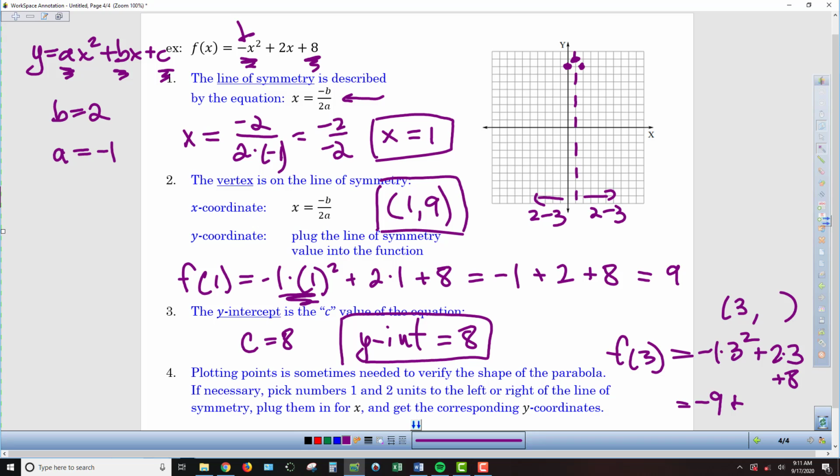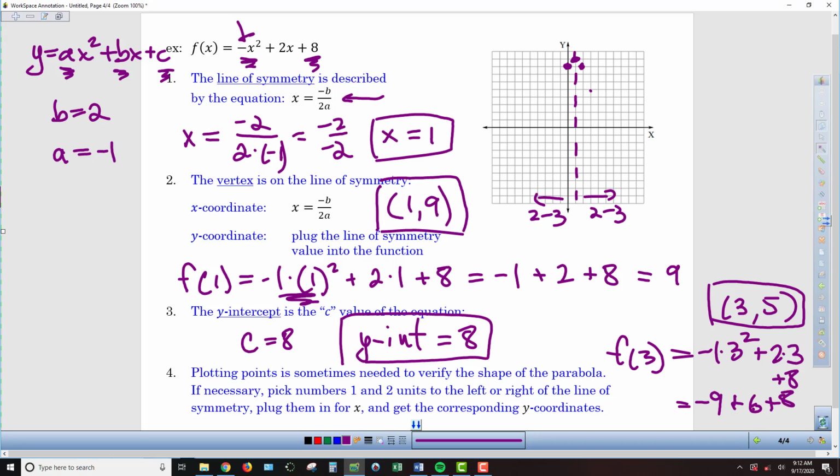Plus 2 times 3 is 6. And then we don't want to forget the plus 8. So negative 9 plus 6 is negative 3. Negative 3 plus 8 gives me 5. So I know my graph is going to go through the point 3, 5. I can go over 3 on the x-axis, up 5, so I know I have a point right there.